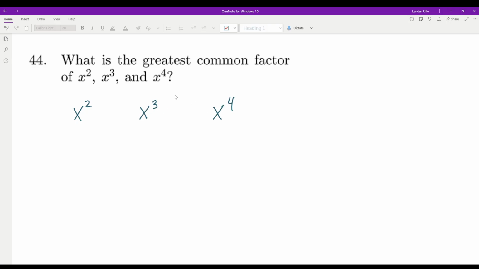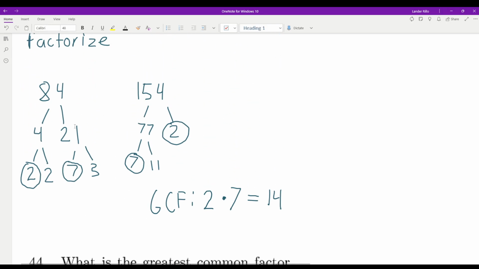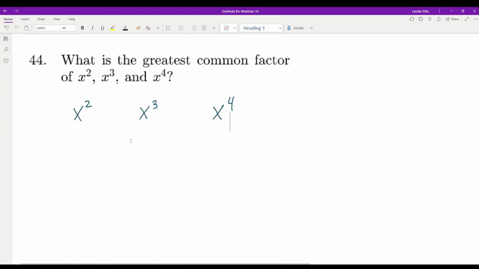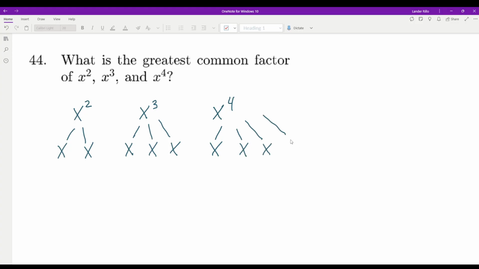And remember how you can factorize just like with normal numbers, by breaking them up into variables that multiply together to get the original expression. We can break them up in the same way. X squared is just x times x, and x cubed, or x to the power 3, is just x times x times x, and x to the fourth is just x times itself 4 times.